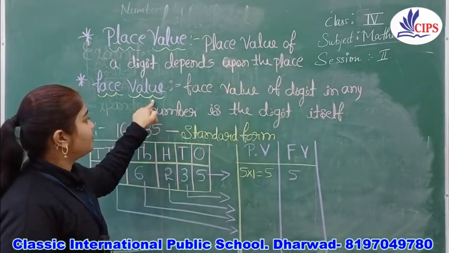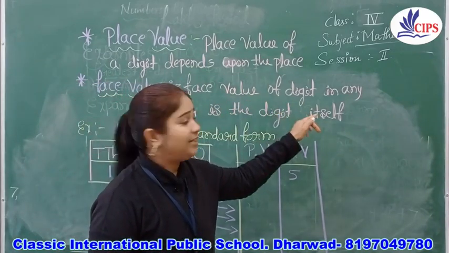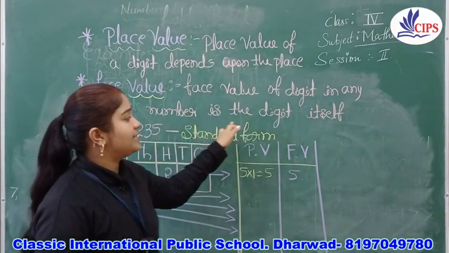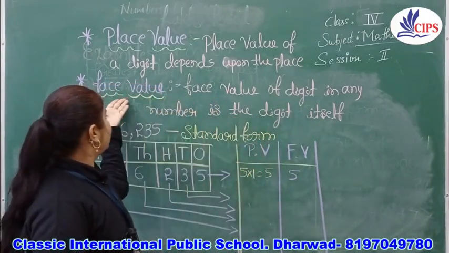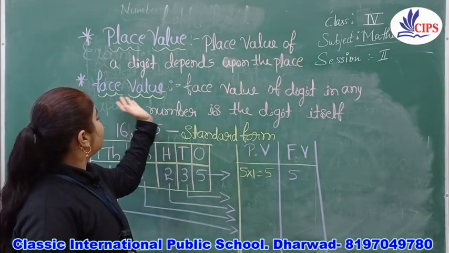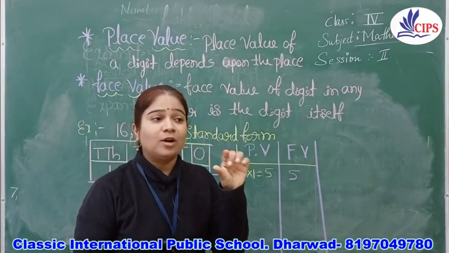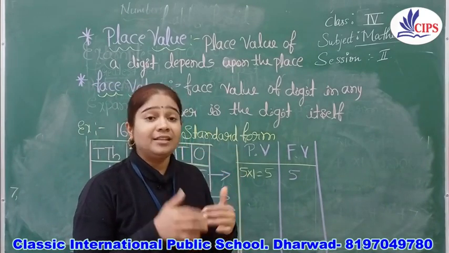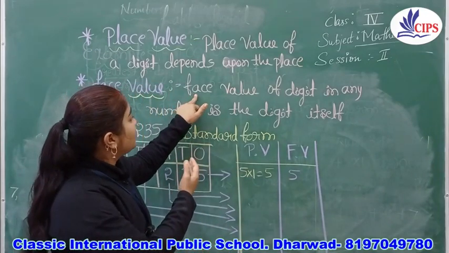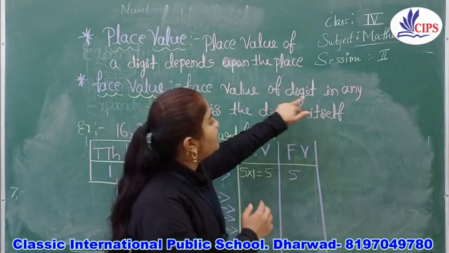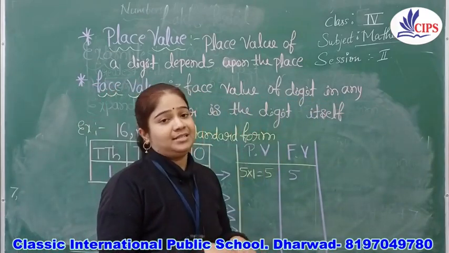Next, face value. Face value of a digit in any number is the digit itself. Very easy. From the word face value you come to know that by seeing the face, that is the value.